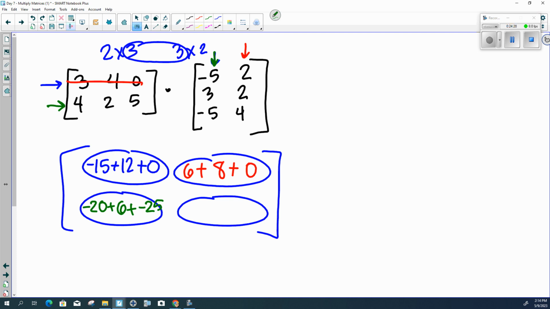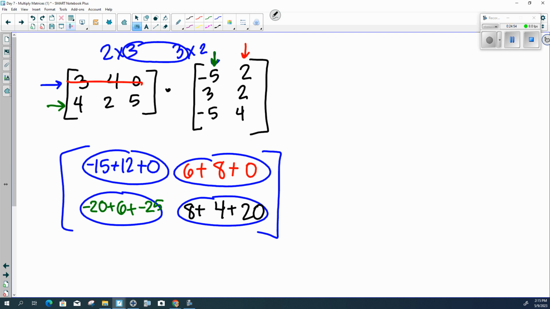I'm still on the bottom row, moving on to the second column. Macy, what are my numbers I'm going to multiply here? And I'm doing that in my head. Tate, what's next? Which is 4. Ashlyn, what's my last ones I pair up? 5 and 4.